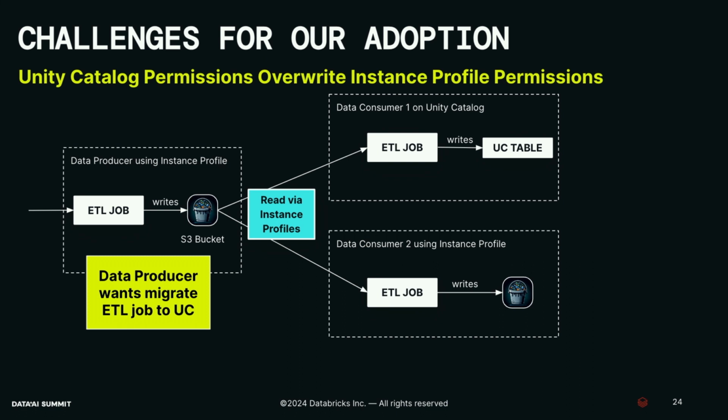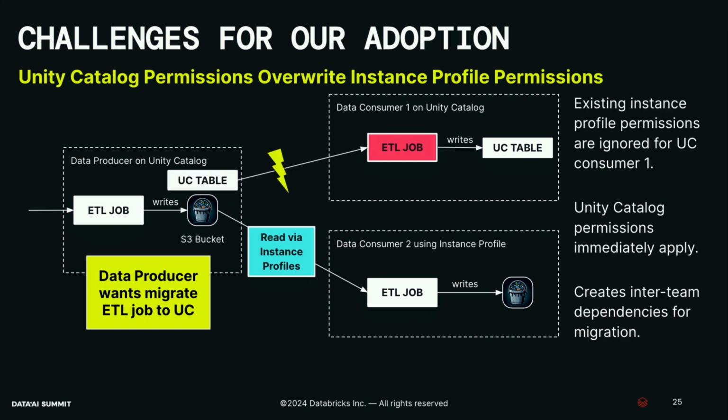If the data producer also wants to adopt Unity Catalog, it would create a Unity Catalog table, and now the ETL job for data consumer 1, which is on Unity Catalog, would break. Because the job cluster for data consumer 1 would immediately try to use the Unity Catalog permissions, and if the permissions are not set, the access would be denied. So this would create a really high dependency between teams during the migration.